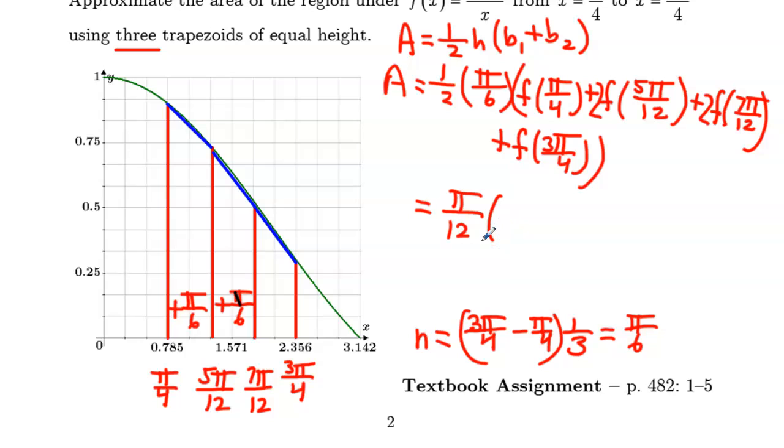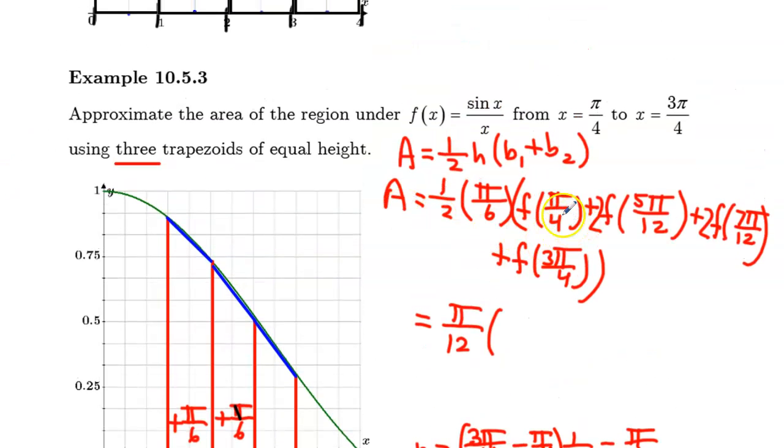And I don't want to belabor this part, but f at pi over 4 would basically be substituting pi over 4 into this function. So sine pi over 4 is root 2 over 2 divided by, again, pi over 4. Anyways, I put all this in the calculator and I ended up with something like this: 0.9 plus 2 times 0.74 plus 2 times 0.53 approximately. And do I have room for one more?